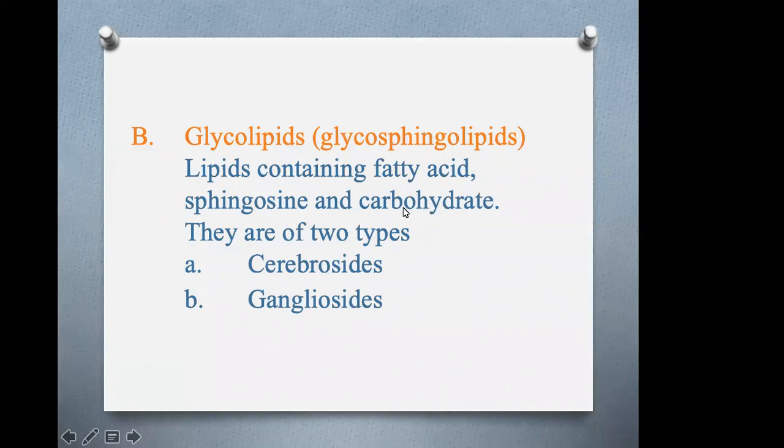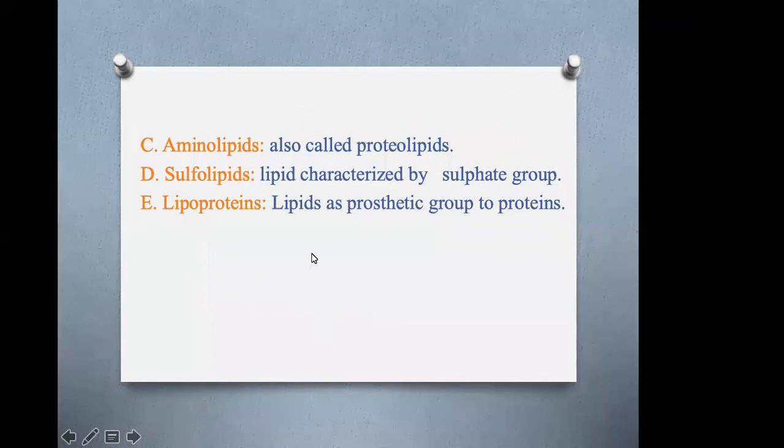Based on this carbohydrate, glycolipid is further divided into cerebrosides and gangliosides. The other three groups are aminolipids, also called proteolipids; sulfolipids, which have a sulfate group; and lipoproteins, which have a protein group.